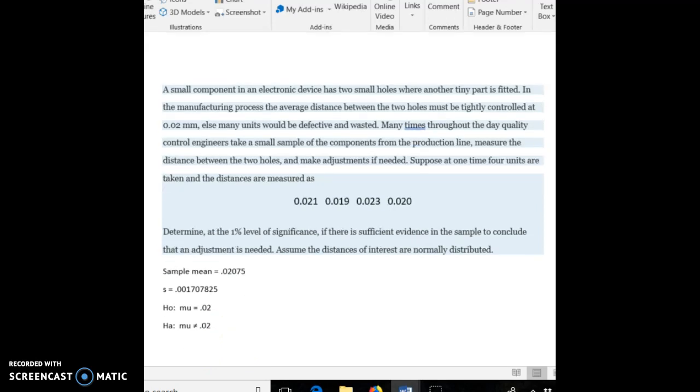All right, now let's do our test statistic. Now again, we do not have the population standard deviation, so we're going to have to use our t. And so we'll have our sample mean minus the mean that we've got in our null hypothesis divided by our standard deviation, 0.001707825, divided by the square root of our sample size, which is the square root of 4 here.